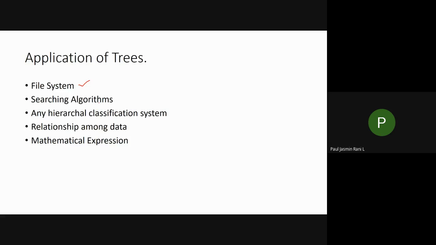The next one is hierarchical classification. You all know the root element. Take a job scheduling algorithm, where there is a priority queue. Actually a priority queue is implemented using a heap tree, which is a tree data structure. We'll be discussing that topic later. If you want to give preference to any element, it will be placed at the root.